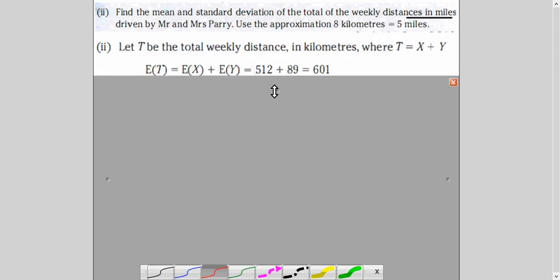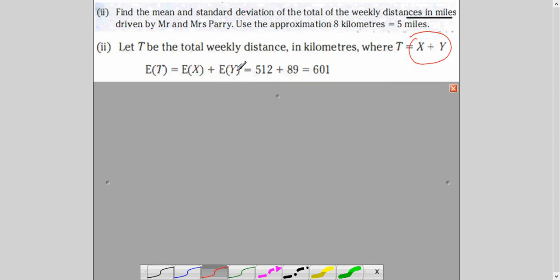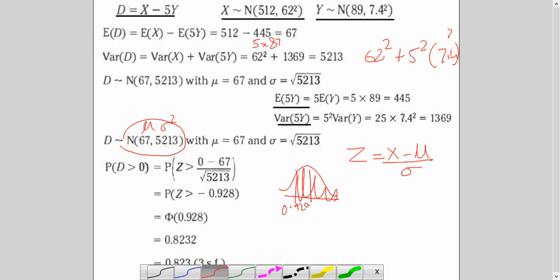Okay. So for the total distance mean, you will add x and y, whatever distance covered by Mr. Perry and Mrs. Perry. So we are calculating the new distribution for x plus y. We are calling it t. So it will be mean of x plus mean of y. And we already have here x and y, so we are simply adding it up. 512 plus 89.